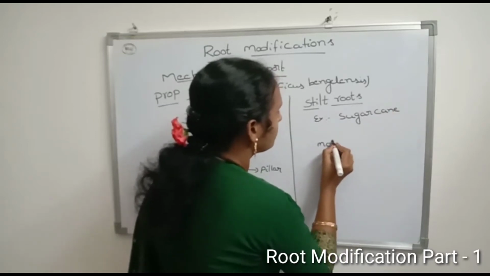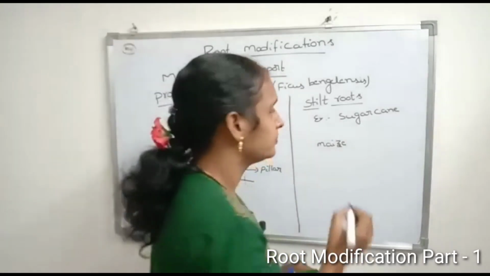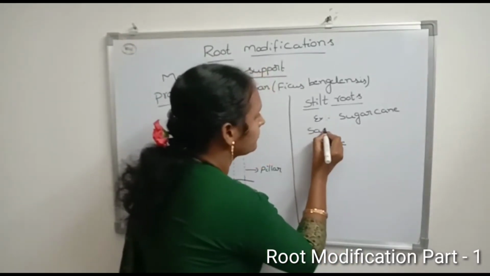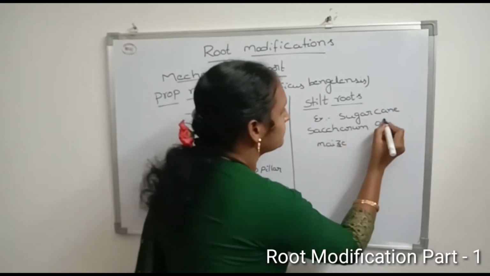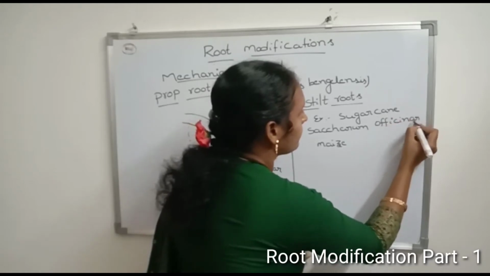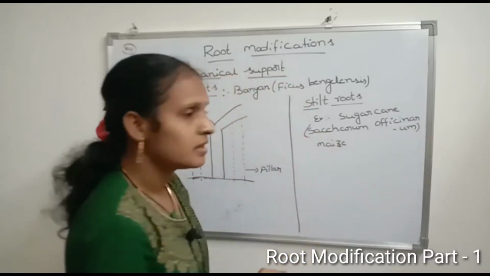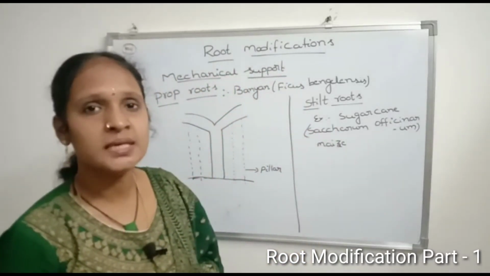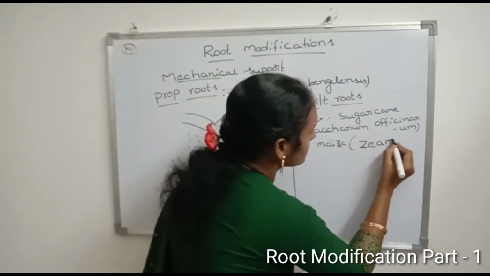The scientific name of sugarcane is Saccharum officinarum. The scientific name of maize is Zea mays.